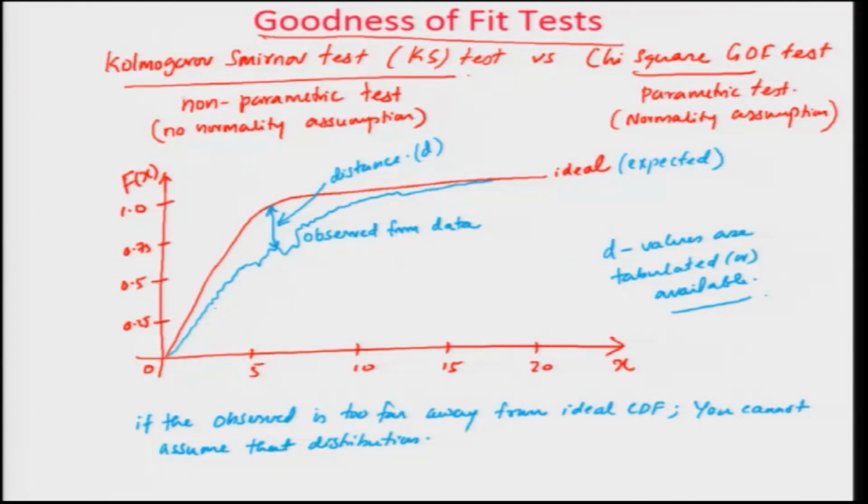If you have another graph and you get another set of data, and this shows something like this, which is close to this, then you can say that this green line fits more closely to the ideal distribution than the blue line, because this distance is very much smaller. This is the fundamental idea behind the KS test, which is a non-parametric test, because you do not require the normality assumption to be satisfied.